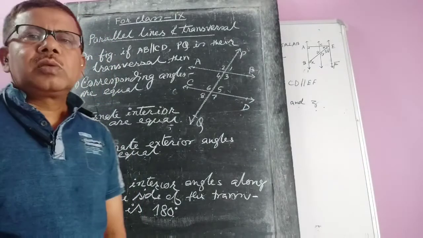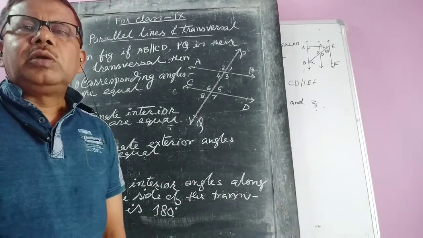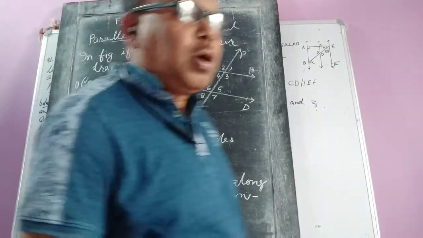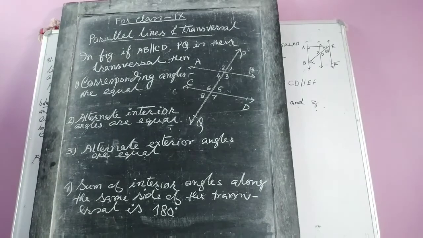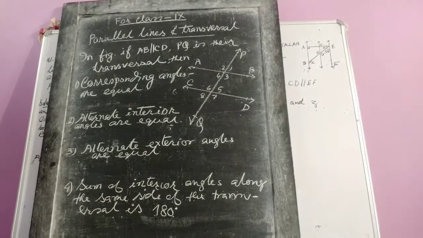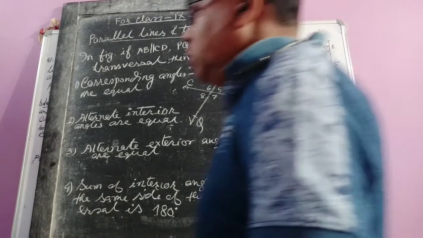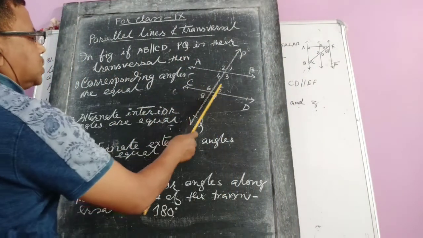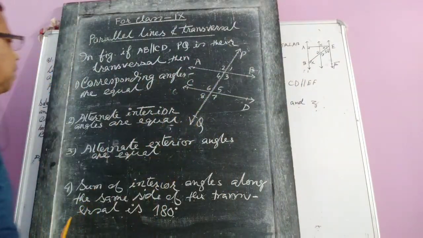Here the transversal PQ forms 8 angles, and as you have seen on the board, the angles are named 1, 2, 3, 4, 5, 6, 7 and 8.